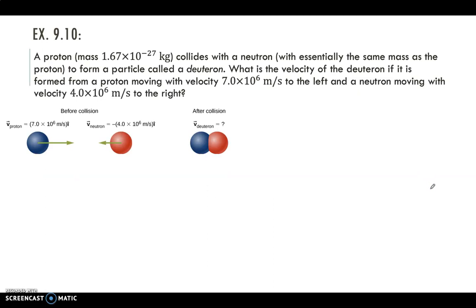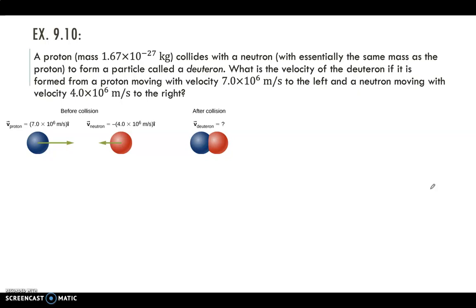So let's look at a problem. This is example 9.10. It states that a proton collides with a neutron that has about the same mass to form a particle called a deuteron. It's been a while since I've had to say these terms. Give me a break here.